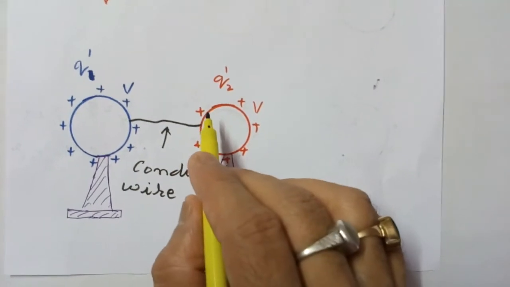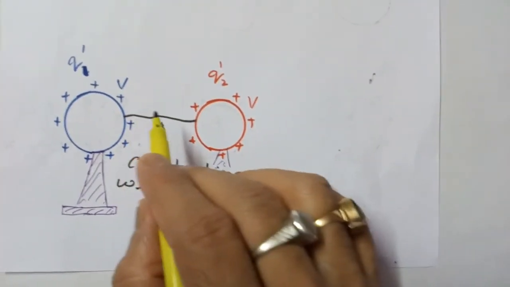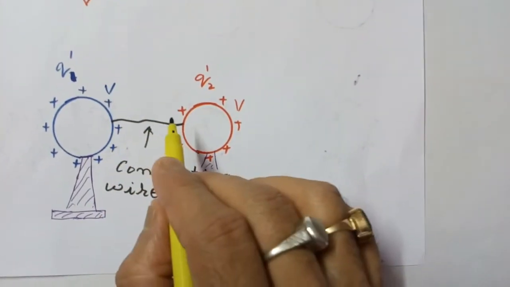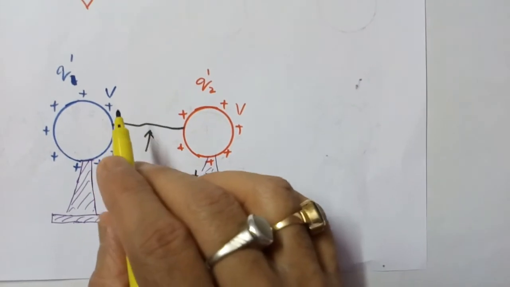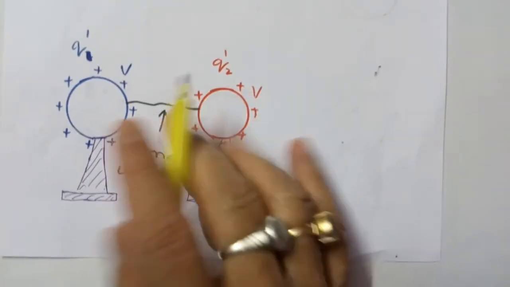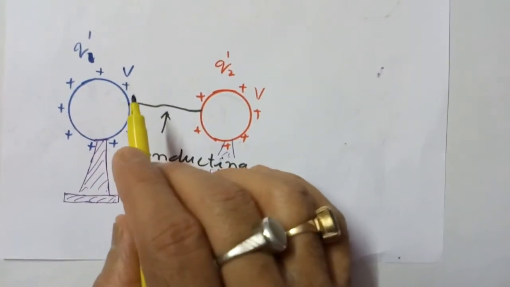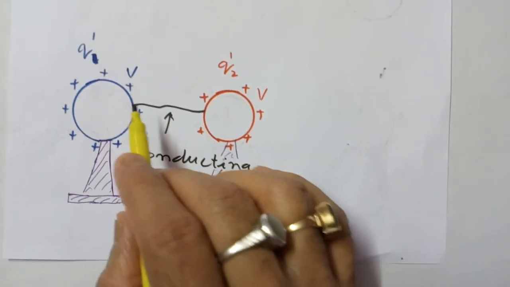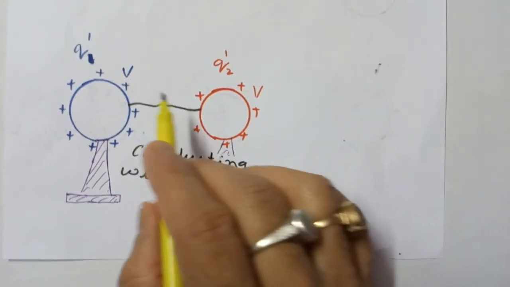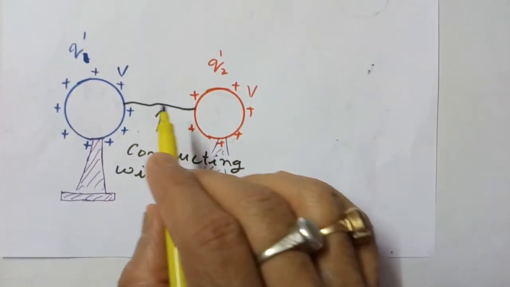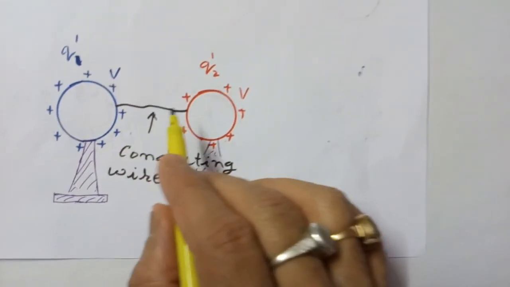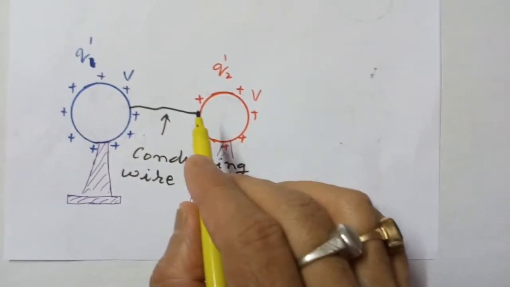Actually here electrons are flowing from lower to higher because only electrons flow. But by convention we say that positive charge is flowing from higher potential to lower potential. So this charge will flow till potential of these two conductors becomes same.